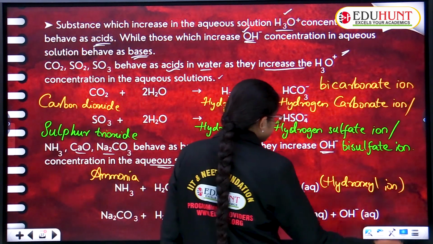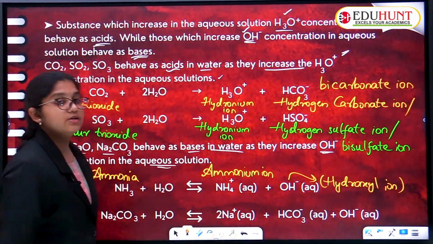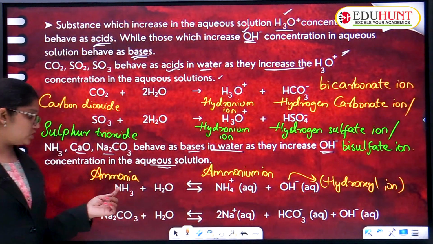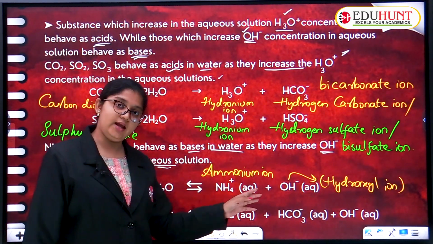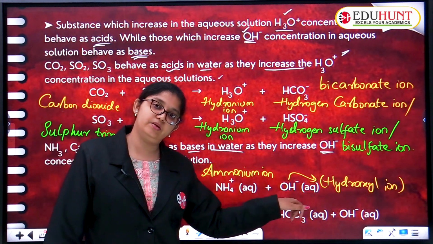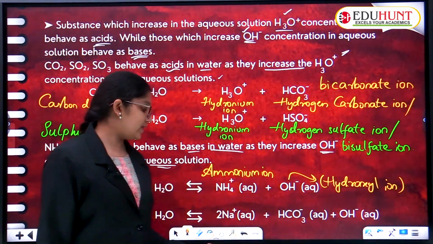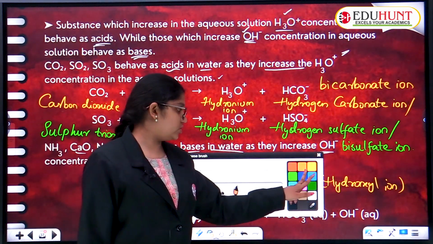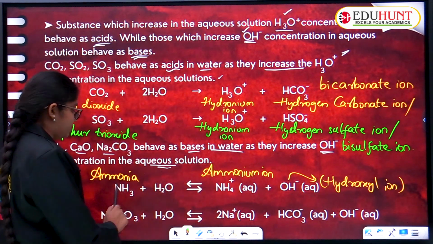OH minus is named as hydroxyl ion. So in the first example, ammonia dissolves in water to give ammonium ion in aqueous solution and hydroxyl ion in aqueous solution, represented as OH minus. This is the first example regarding the liberation of OH minus concentration, which is regarded as a base. Very good. NH3 is a base.